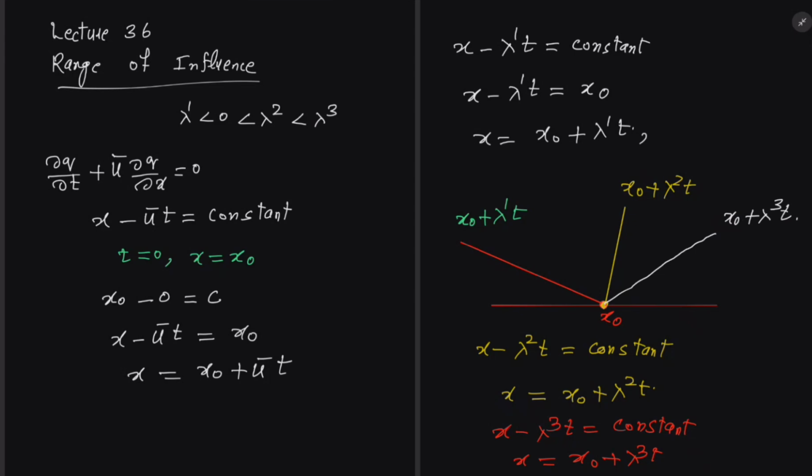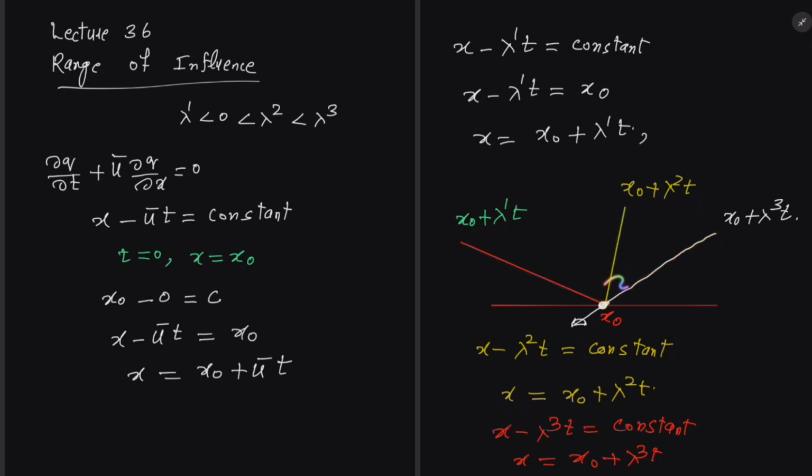Now we know that if there is some information at this point, for example some density, then that density will be transported on these characteristics, and we already developed such intuition before.